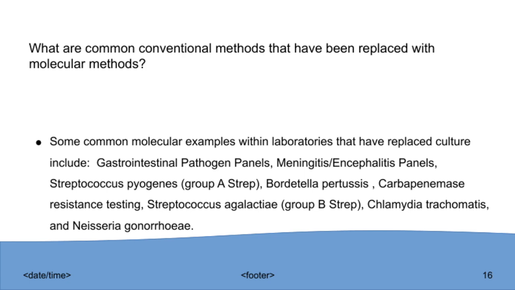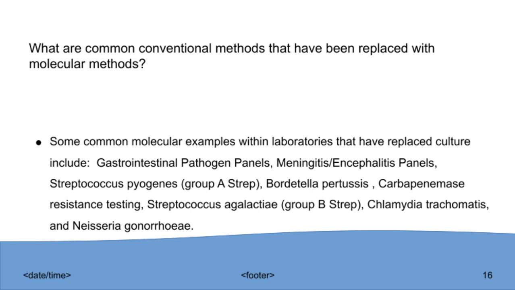Other examples include tests for Streptococcus pyogenes or Group A strep, which causes strep throat, and Bordetella pertussis, the bacteria behind whooping cough. Molecular methods are also used for resistance testing, like carbapenemase resistance, which helps identify antibiotic-resistant bacteria more swiftly.